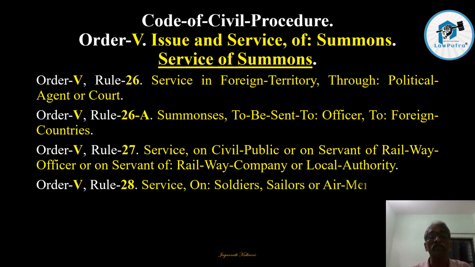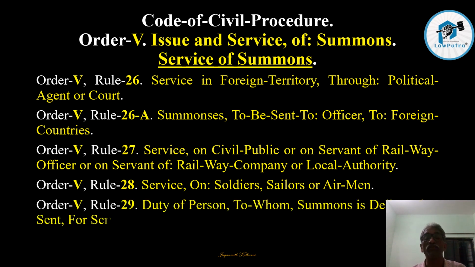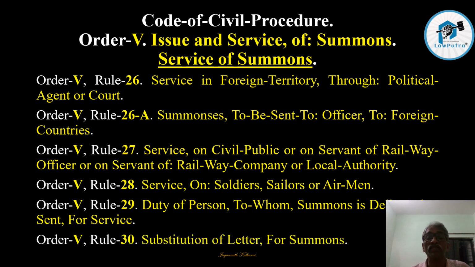Then Rule 28 is about service on soldiers, sailors or airmen. Rule 29 is about duty of person to whom summons is delivered sent for service. Then Rule 30 is about substitution of letter for summons.